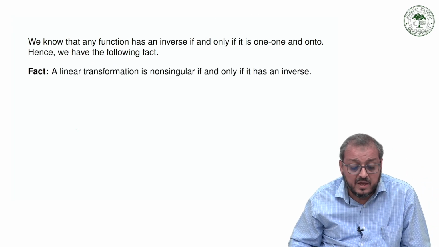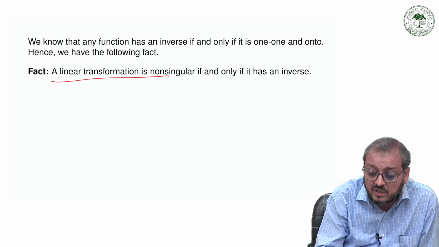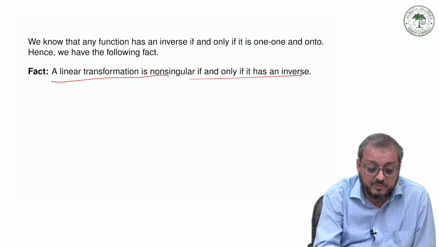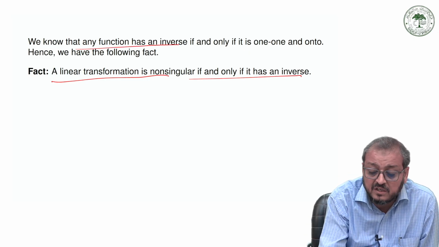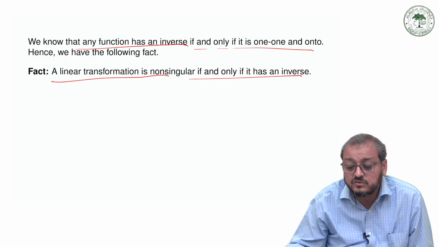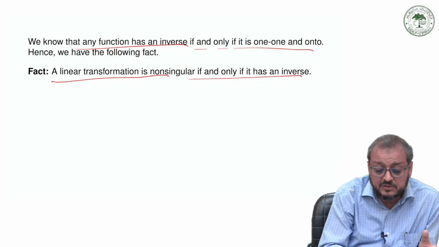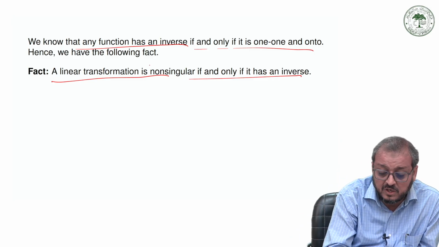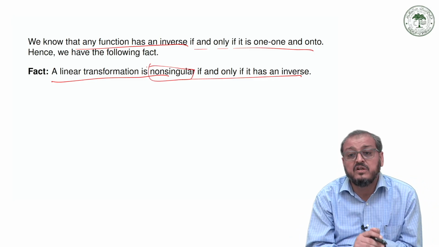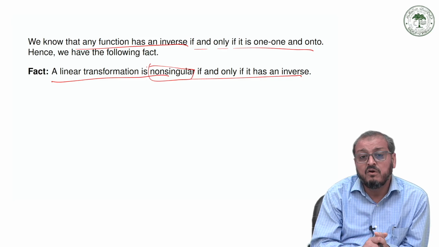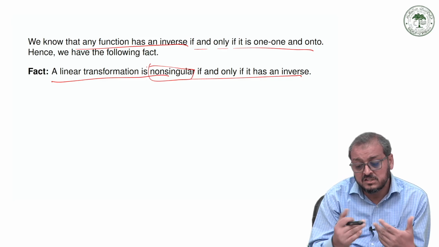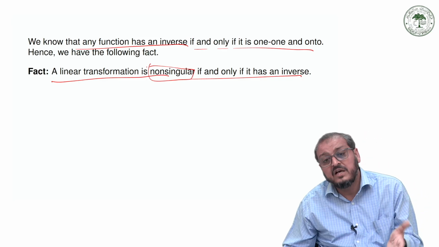So a linear transformation is non-singular if and only if it has an inverse, just as any function has an inverse if and only if it is one-to-one and onto. So if a linear transformation is non-singular, one-to-one and onto, then its inverse exists.